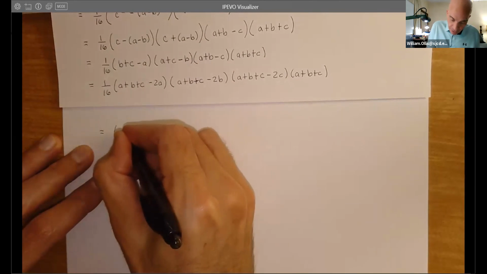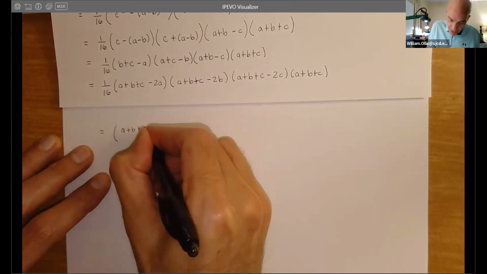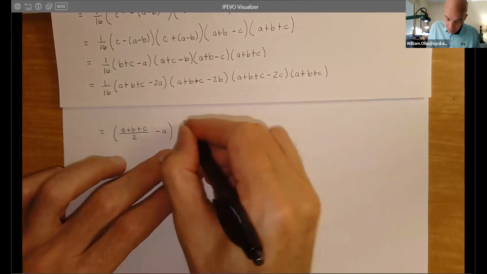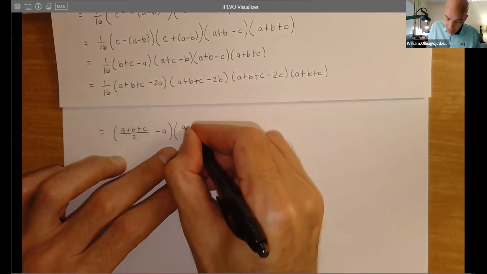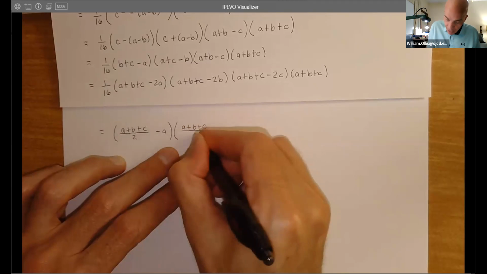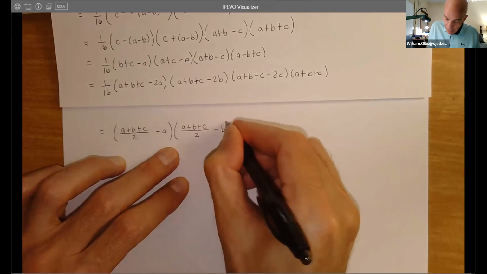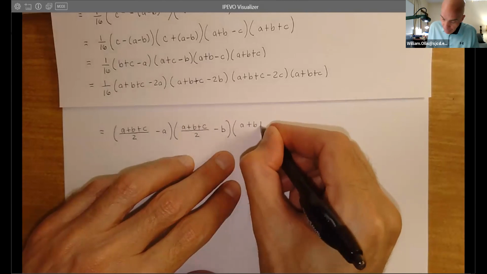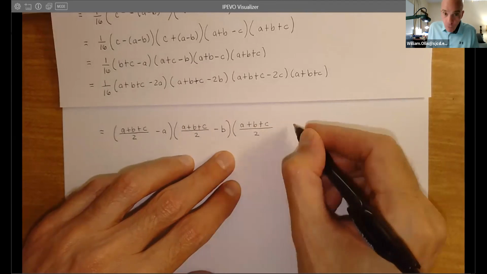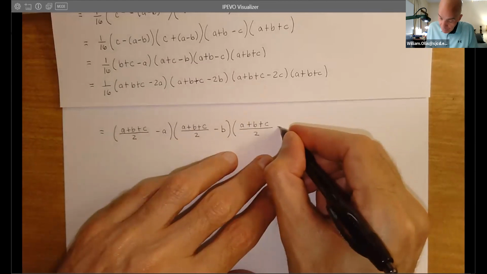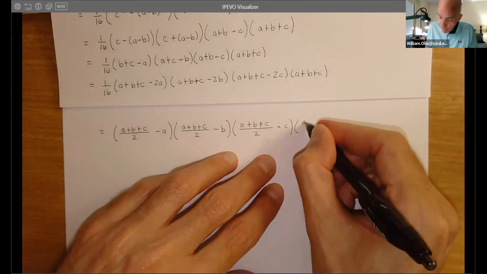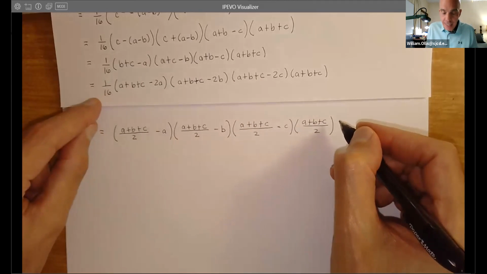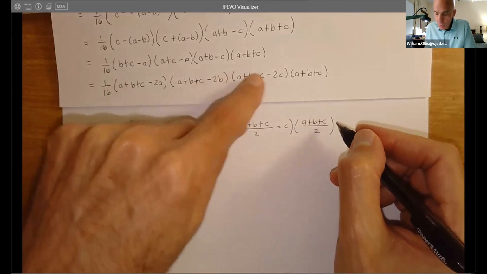We get A plus B plus C over 2 minus A. We get A plus B plus C divided by 2 minus B. We get A plus B plus C over 2 minus C. And then here we just get A plus B plus C divided by 2. So we basically take the 16, 2, 2, 2, 2.